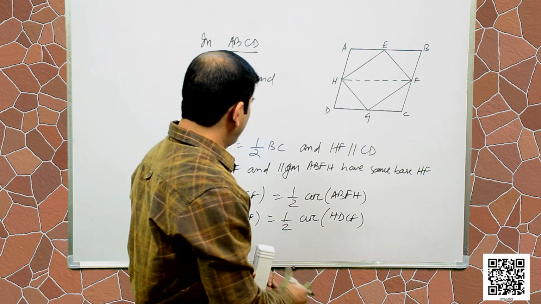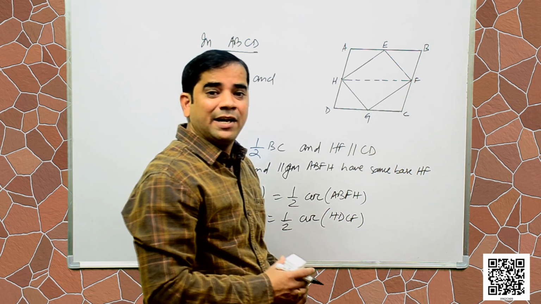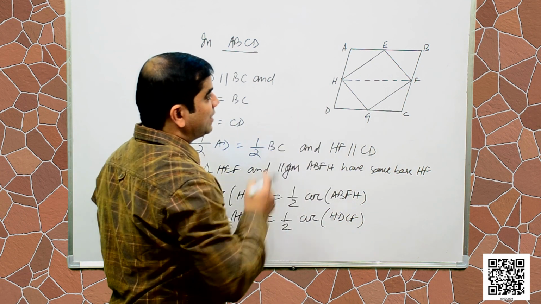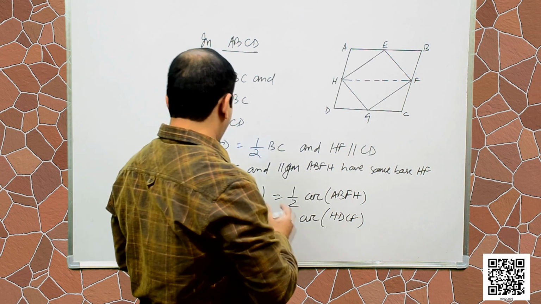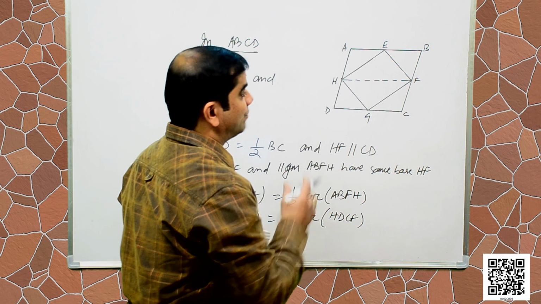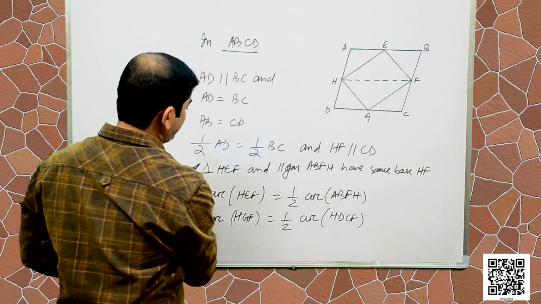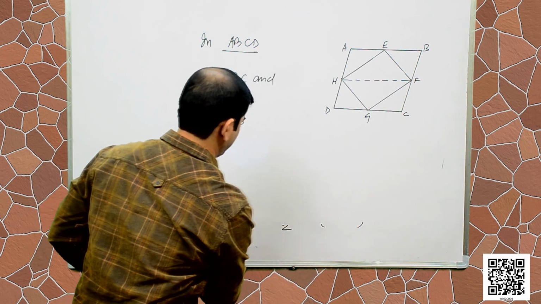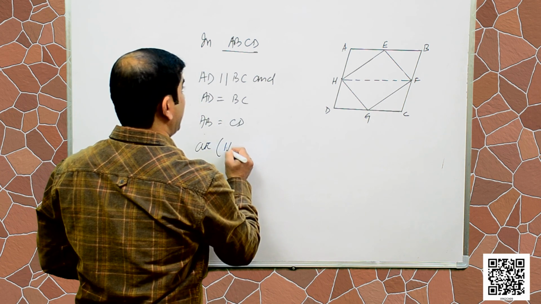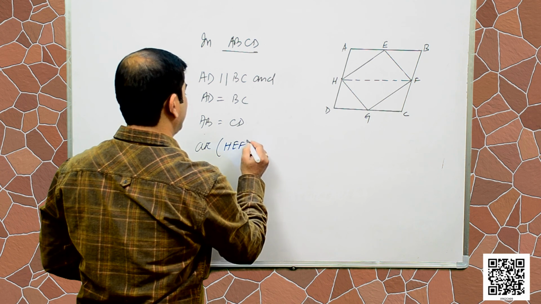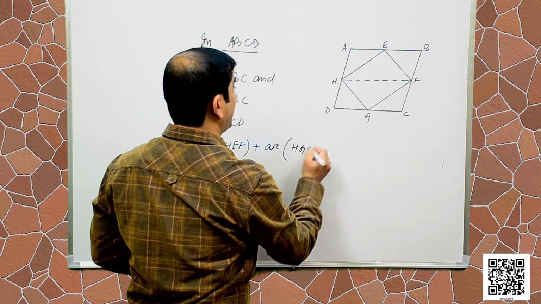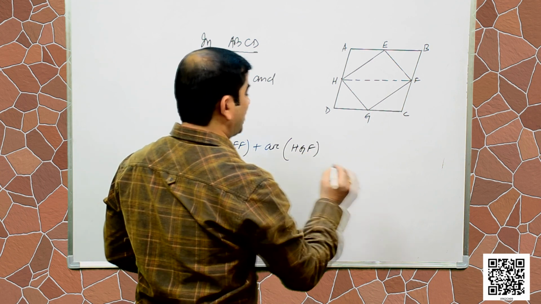Okay. So, if we add both the areas, that means area of triangle HEF and area of triangle HGF, what do we get?